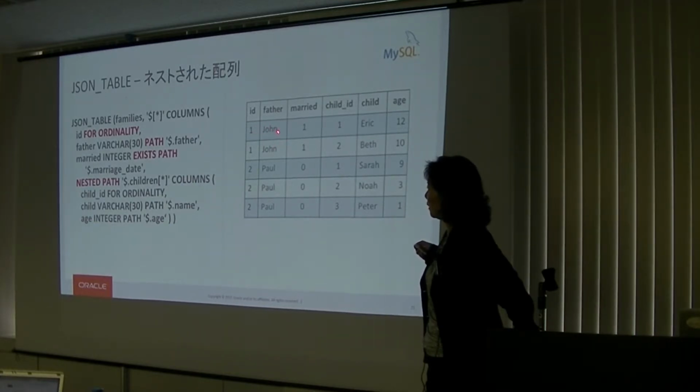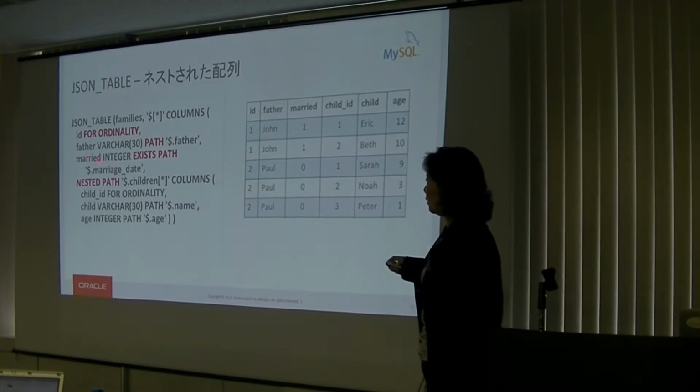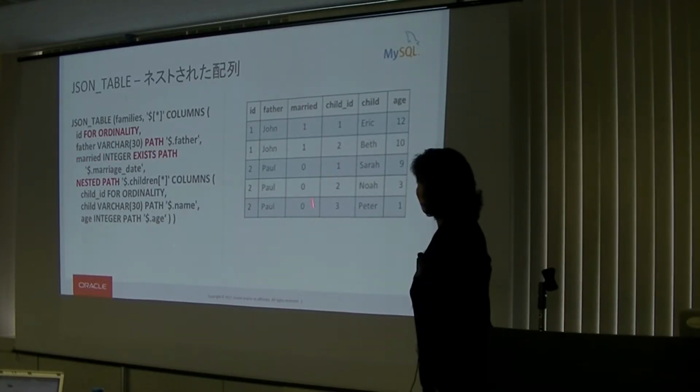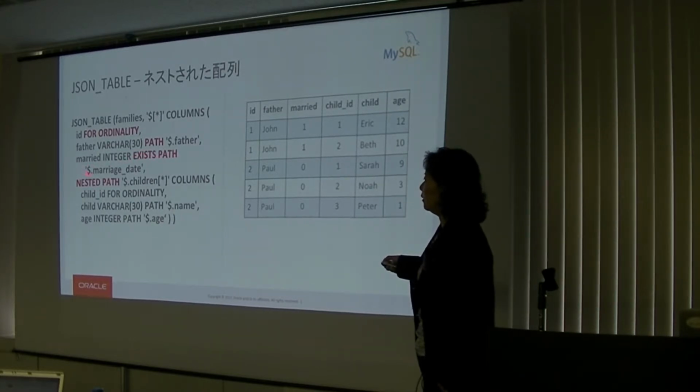So John family 1 will have ID 1, and the father is varchar 30, and then married is an integer field. Exists path means if the marriage date at a root level exists, is 1. If it doesn't exist, it's 0.